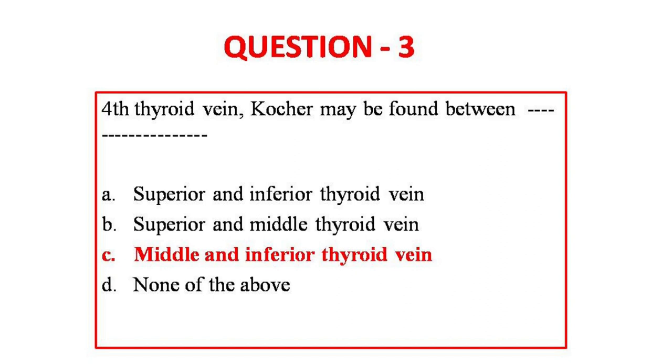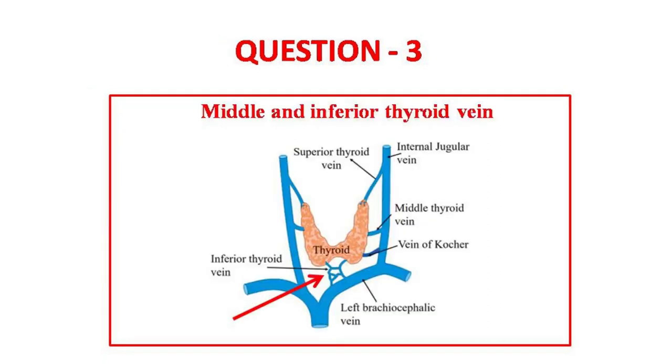This thyroid vein you can see in the next slide, I'll be putting a picture. You can find that there is an inferior thyroid vein and there is a middle thyroid vein, right? From the thyroid, there is a vein of Kocher which is emerging. So that is the Kocher vein.